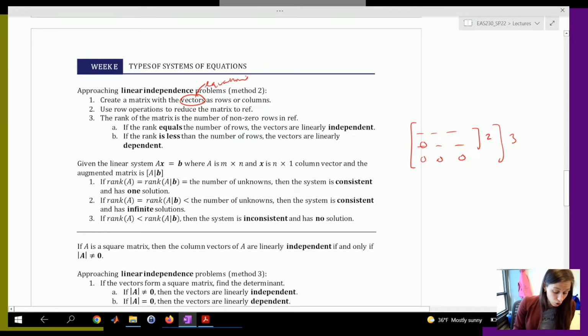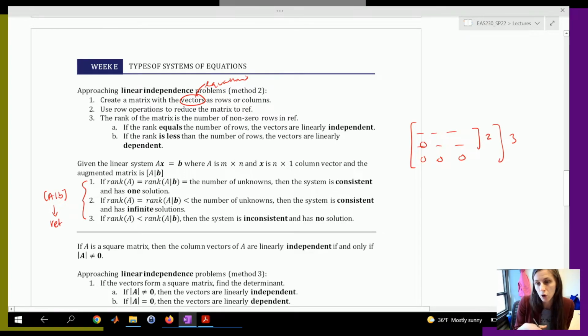We can use this, just like we have in the past, to figure out how many solutions we have for our system of equations. Set up the augmented matrix and do Gauss elimination or Gauss-Jordan, it doesn't matter. Get it into REF, and then our solution tells us what kind of system we have and how many solutions we have.